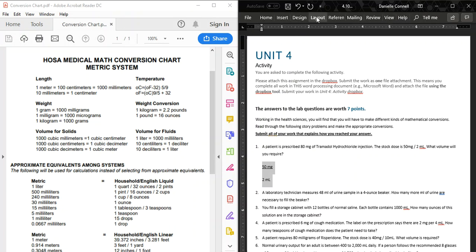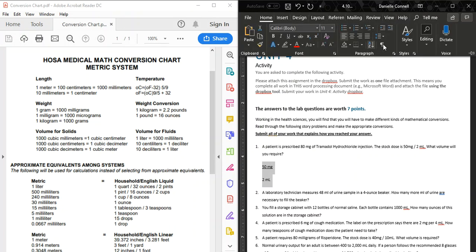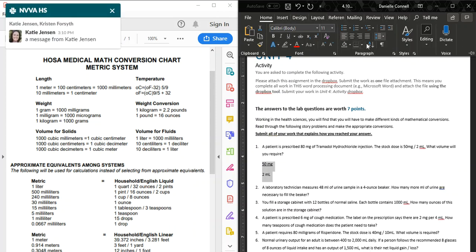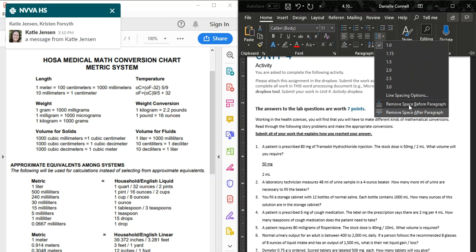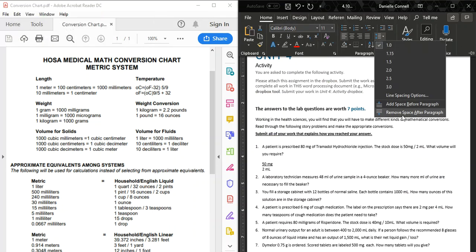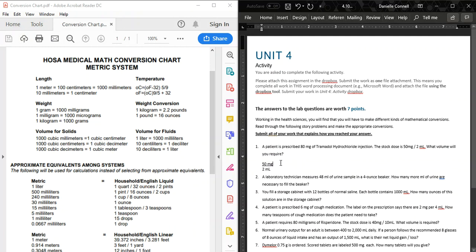I will try and fix this so you can see it a little better. That's what we're given, and we're trying to use our 50 milligrams to figure that out.